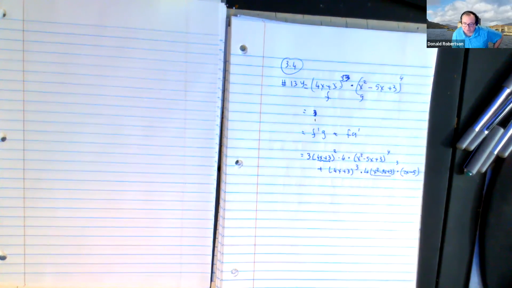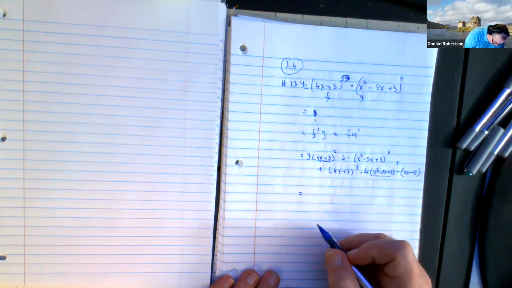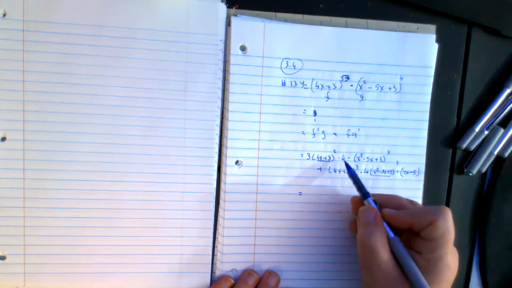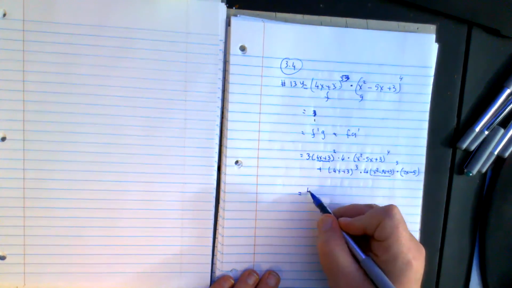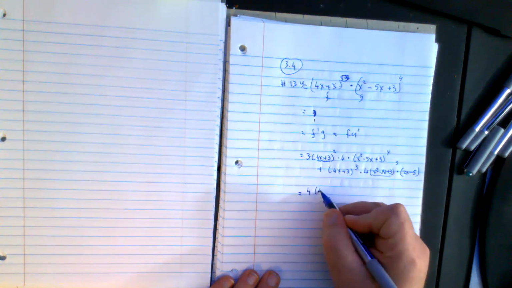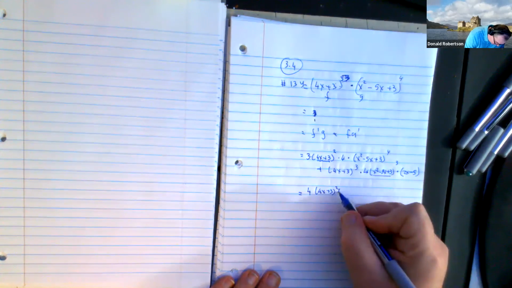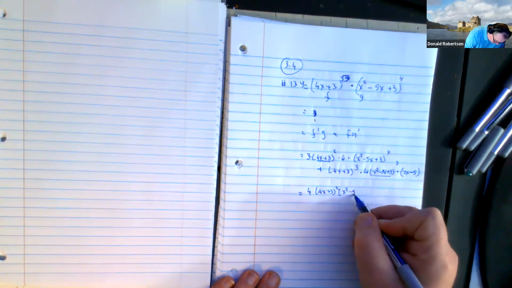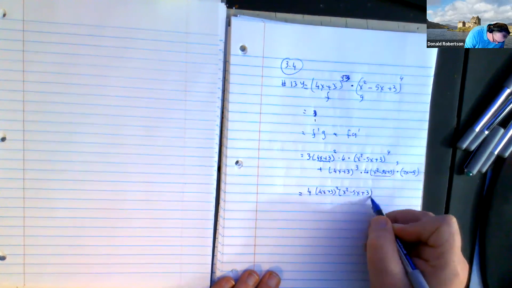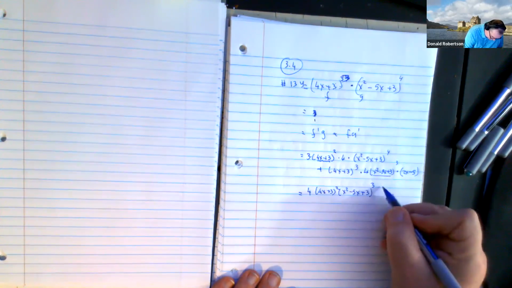Does that look similar to what you did? That looks exactly like what I got. That's a good sign then. So I'm going to pull out some common factors. There's a lot going on here, but there's 4 and 3 makes 12. So I'm going to pull out a 4 as a common factor. I believe I can get away with that. I'm going to do a (4x plus 3) squared as a common factor. And I'm going to do an (x squared take away 5x plus 3) to the power of 3 as a common factor.